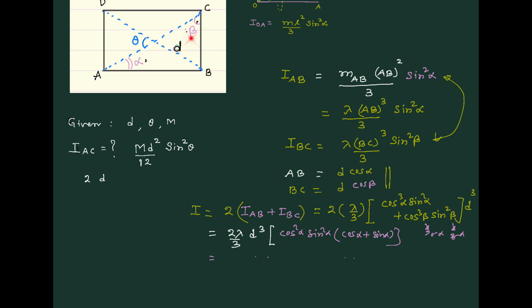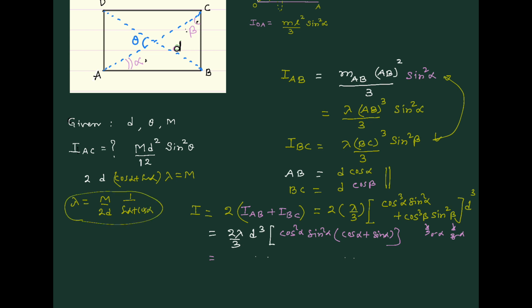This plus this is 90 degrees, so we have 2d into cos alpha plus sin alpha, into lambda as capital M. So we can write lambda as M upon 2d and 1 upon sin alpha plus cos alpha.